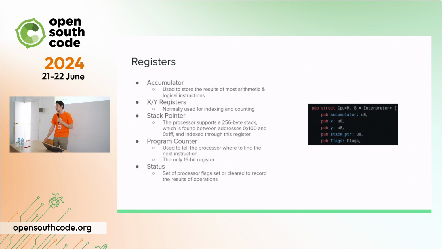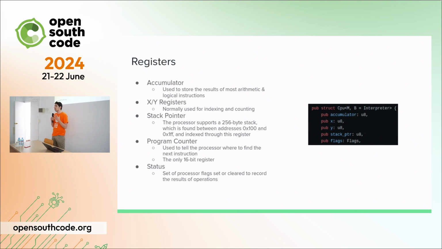The registers of the 6502 are the accumulator, which is the register that's most commonly used to store the results of operations like an addition, a subtraction, and all of that. You have the X and Y registers, which can do some operations as well, but are mainly used for indexing into memory addresses. We have the stack pointer, which is also an 8-bit register.